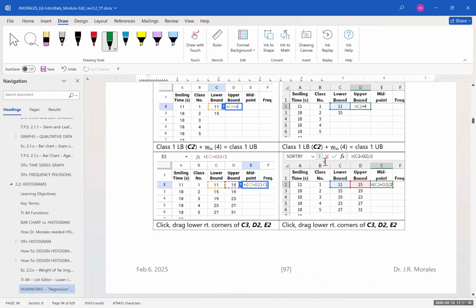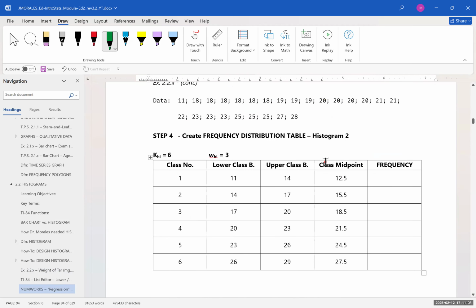And spreadsheet instruction. And now let's focus on creating the second histogram, histogram 2. Histogram 2 has 6 classes that are 3 wide. Here I've already pretty much filled in this frequency distribution table.